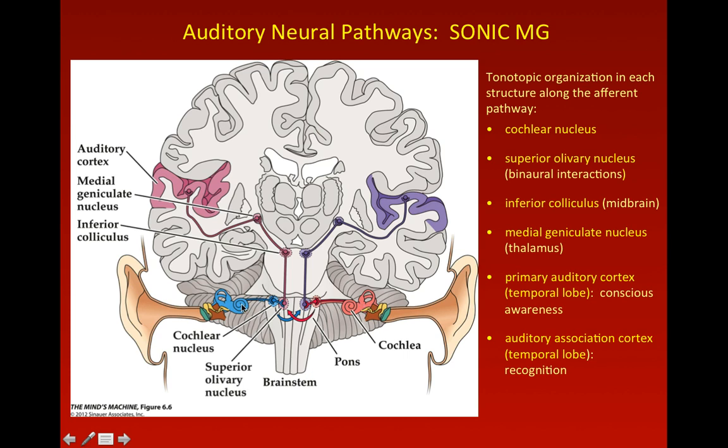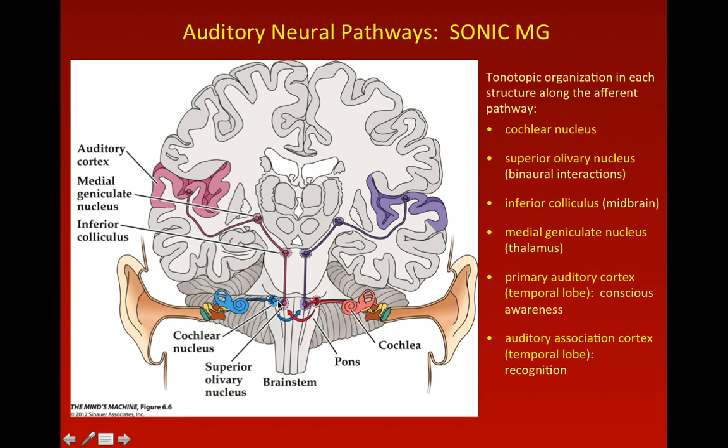Remember that it is the auditory nerve, also sometimes known as the cochlear nerve, cranial nerve number 8, that consists of neurons that monitor the activities of the hair cells in the cochlea. They relay the information directly into the brainstem to a nucleus, paired, one on the right and one on the left, called the cochlear nucleus. So from the cochlea, we go to the cochlear nucleus.